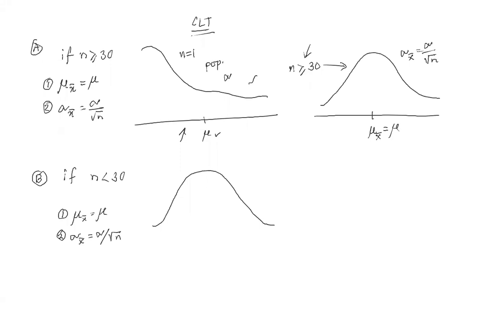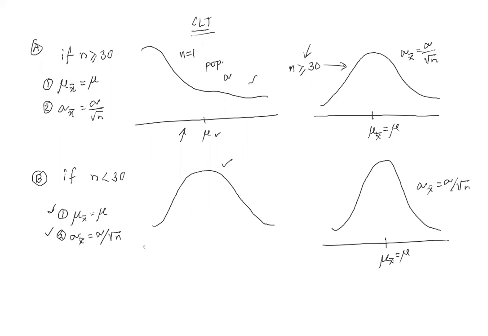But if your sample size is less than 30 and you draw from a population that is bell-shaped, in that case, these two conditions are still going to hold true, and the sampling distribution is still going to be bell-shaped, which is mu sub x bar is equal to mu, and sigma sub x bar is equal to sigma divided by square root of the sample size.